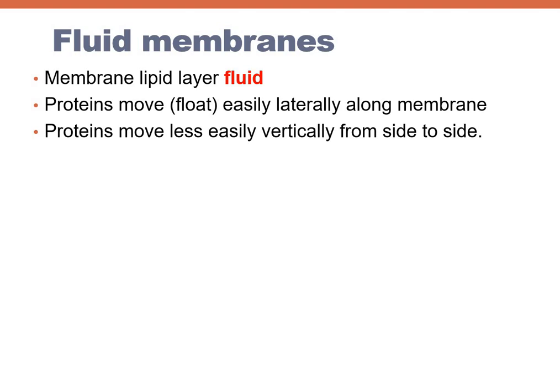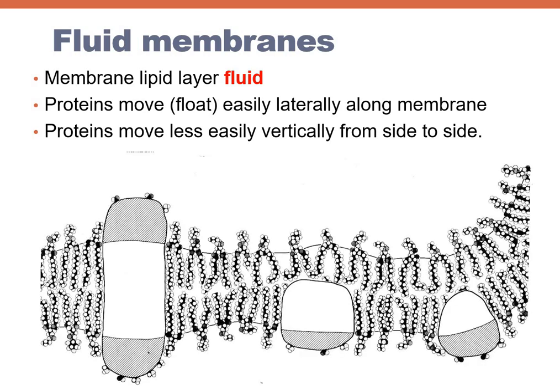So it seems as if the membrane lipid layer is basically like a fluid, and in that fluid the proteins are moving around, floating around side by side. So the structure is called a fluid mosaic model, where the membrane was formed with the heads outside, tails inside.